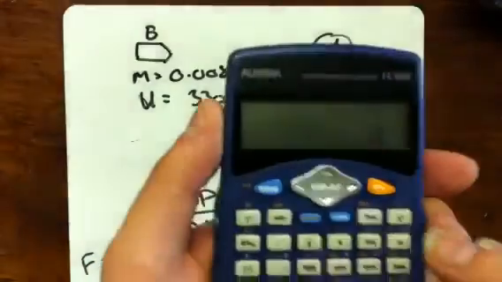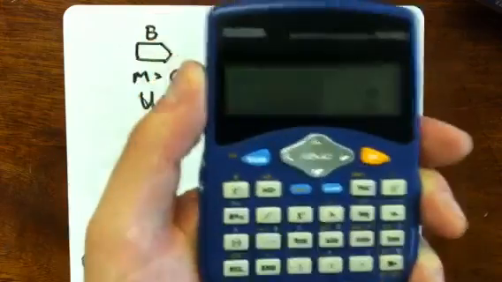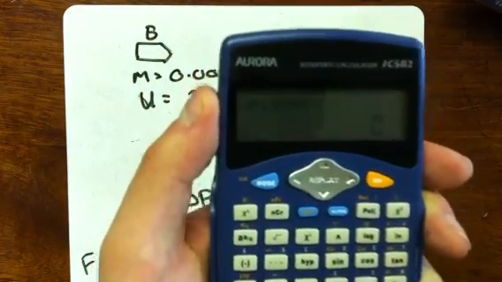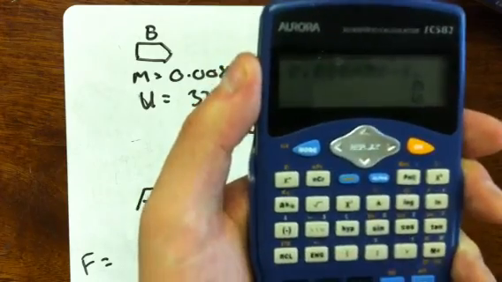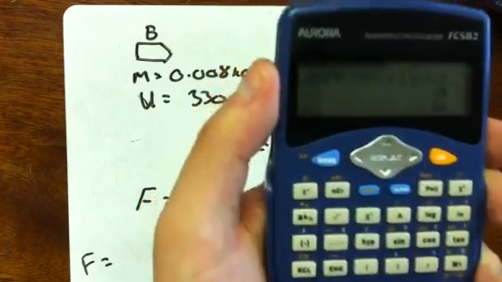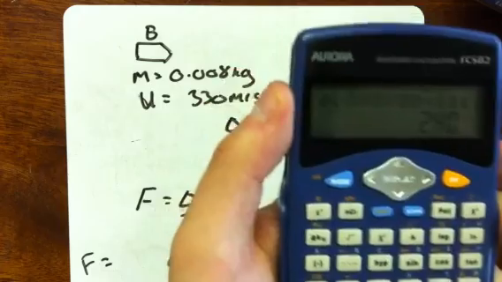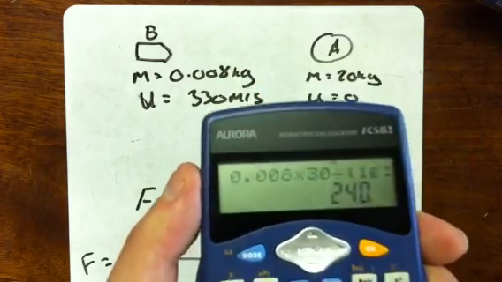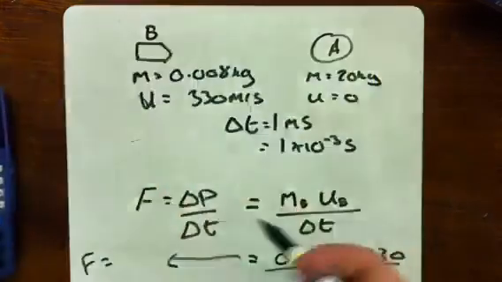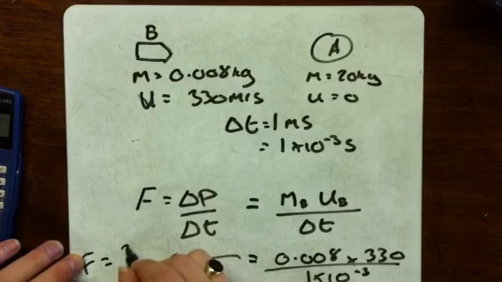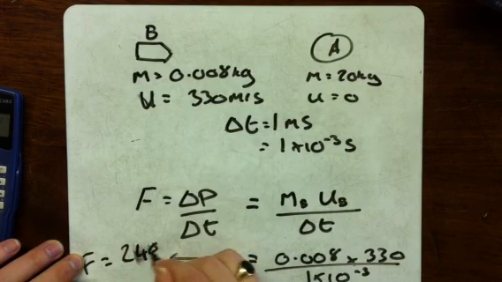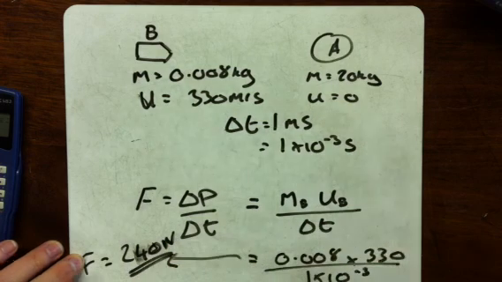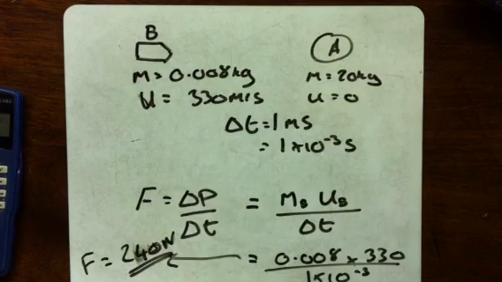Let's put that into a calculator. 0.008 times 330 divided by brackets 1 exp minus 3 equals. And that gives me an answer of 240. So we write the answer 240 Newtons. And that's part A done.